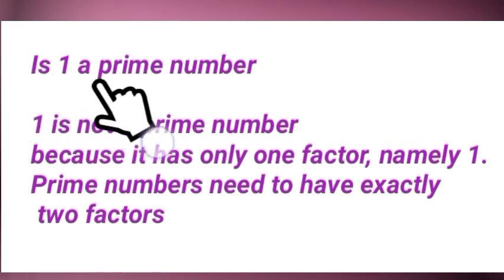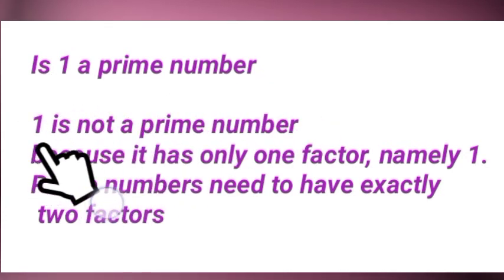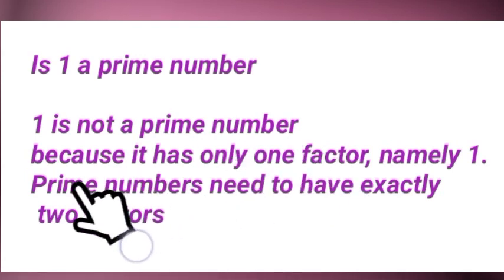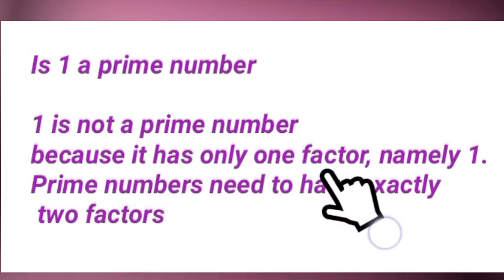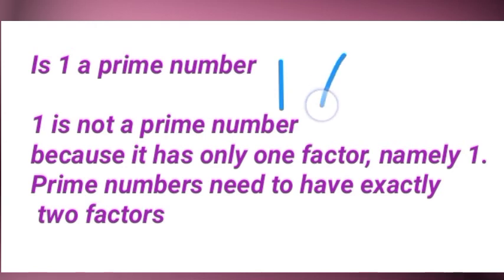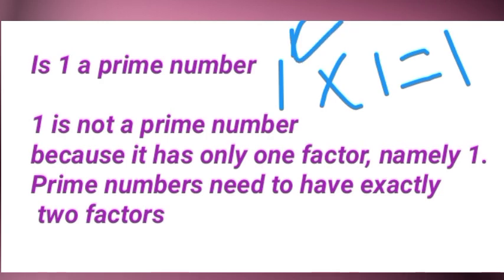And you may have a doubt whether 1 is a prime number or not. 1 is not a prime number because it has only one factor. We can write 1 multiplied by 1 is equal to 1. Other than that, we don't have any other numbers. So 1 is a factor of 1. Prime numbers need to have exactly 2 factors.